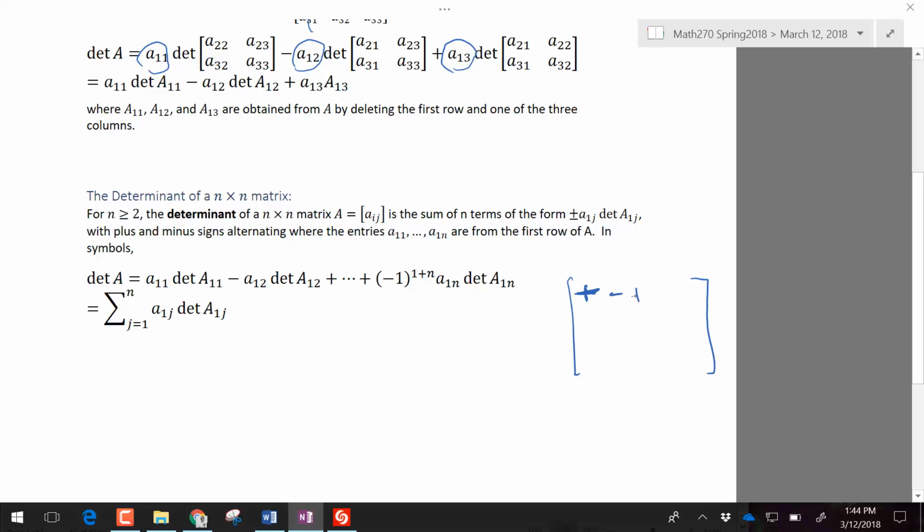So negative, positive, negative, negative, positive, negative, positive, positive, negative, positive. And so these signs will determine the signs of your determinant expansion. Okay?